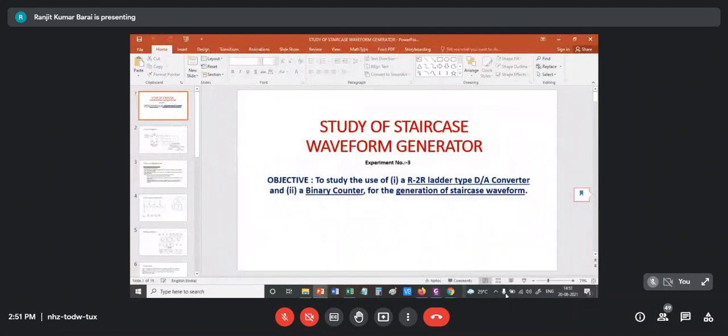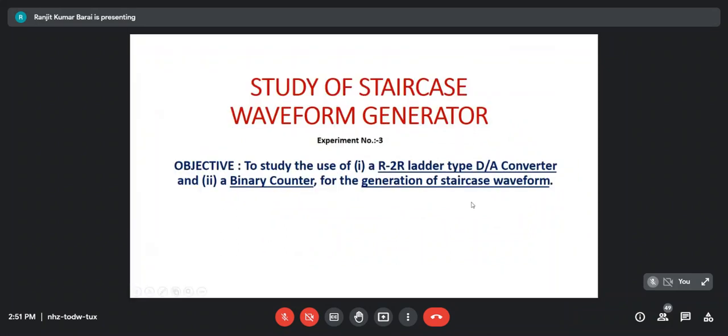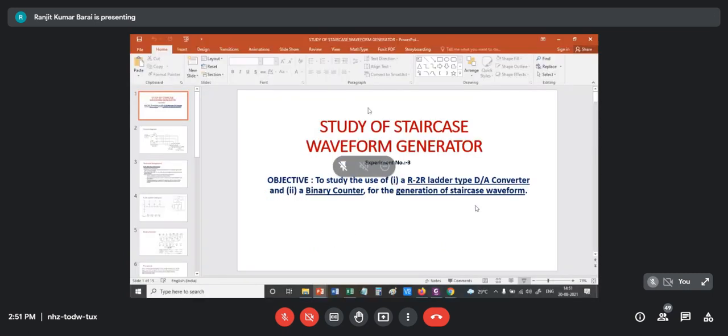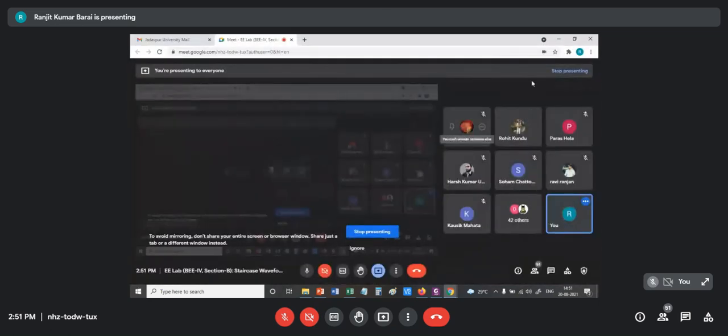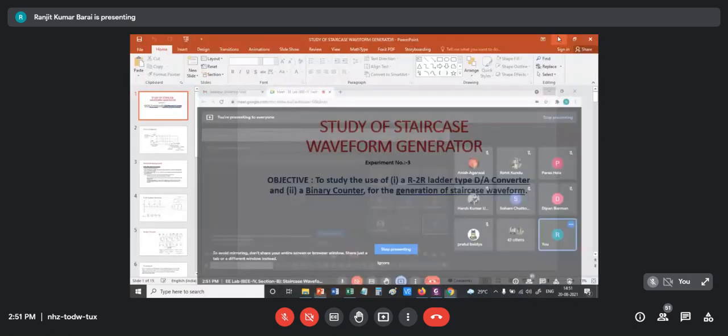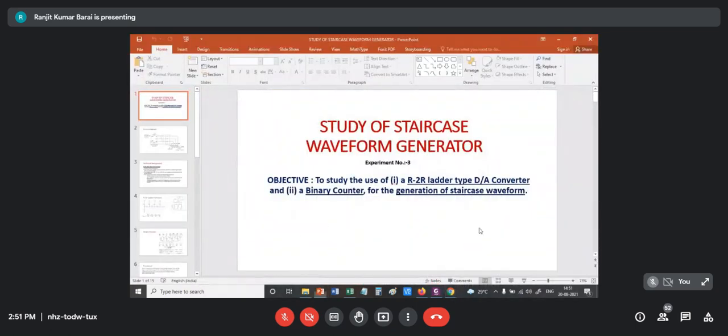So, the name of the experiment that we are going to discuss today is the study of staircase waveform generator. Somebody is joining. So 51 people, 50 people joined. The objective is to study use of R2R ladder network for D to A conversion and a binary counter.